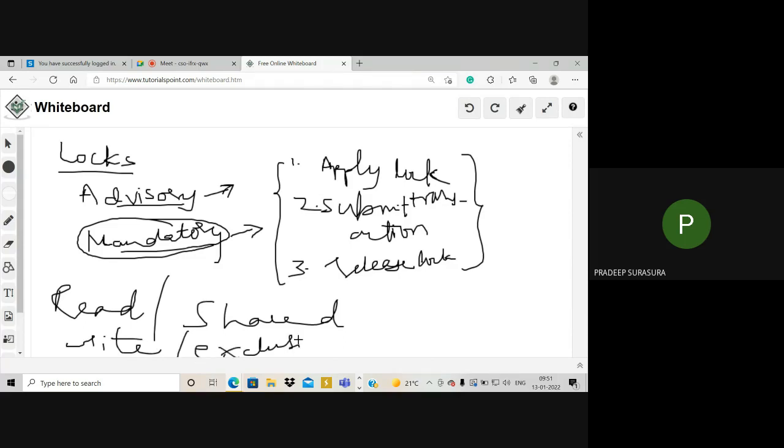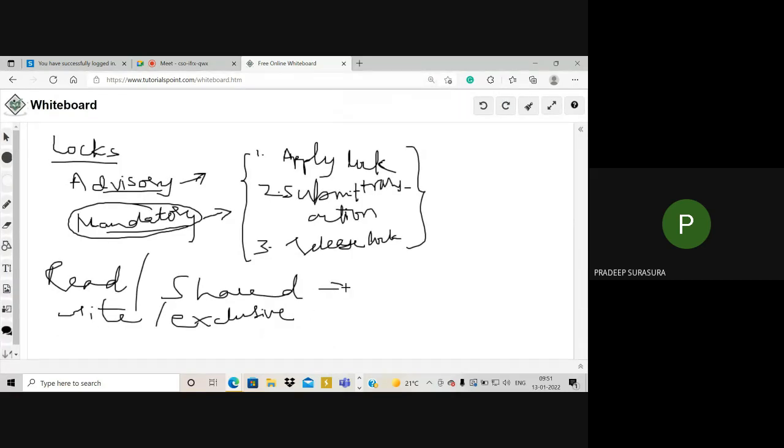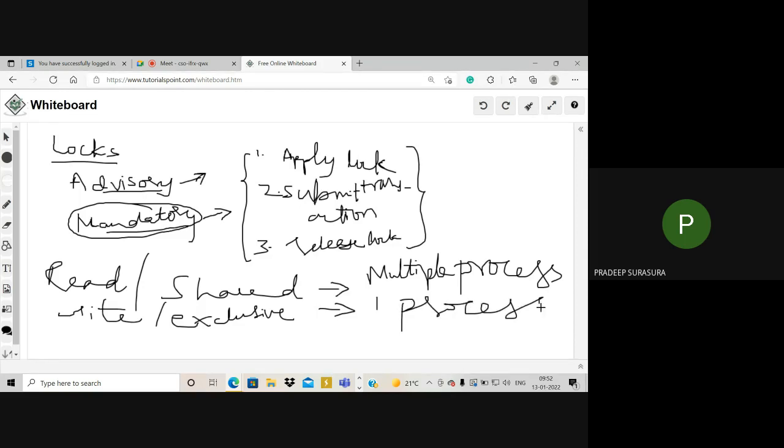When we talk about a read or shared lock, it can be applied to multiple processes or multiple transactions. A write or exclusive lock is applied to only one process, not more, just a single process.